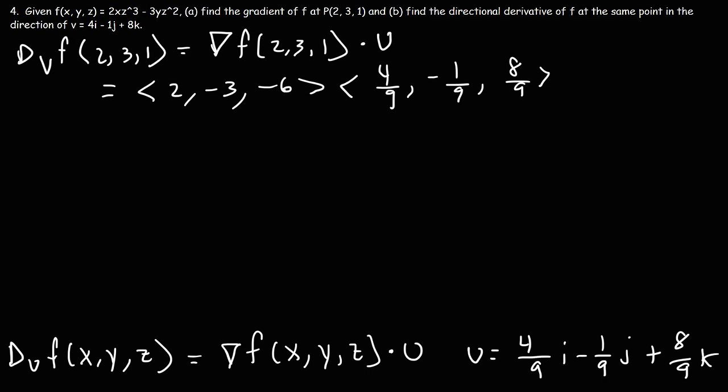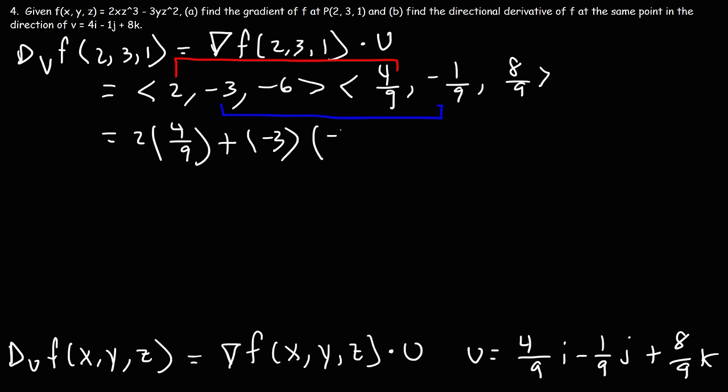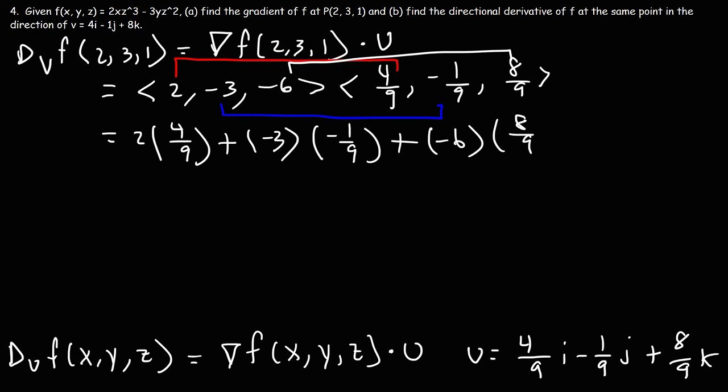So to calculate the dot product, we need to multiply these two first. So it's going to be 2 times 4 over 9, and then plus. Next, we need to multiply the y values together. So that's going to be negative 3 times negative 1 over 9, and then plus the z values together. So negative 6 times 8 over 9.